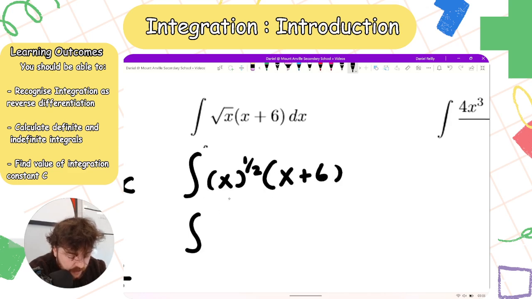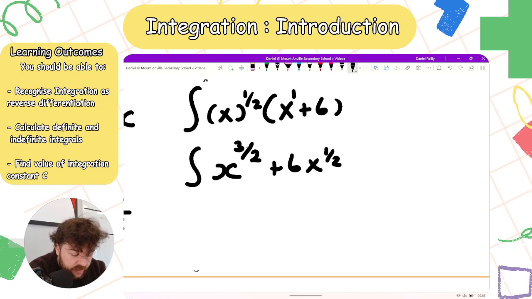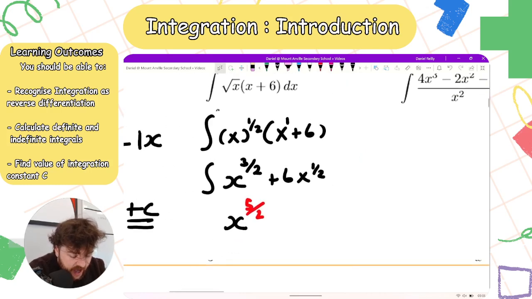So I'm now getting the integral of x to the power of a half times x. That's going to be a half plus 1, so it'll be x to the power of 3 over 2, plus x to the power of a half times 6, which is just 6x to the power of a half. Now we can integrate. Increase the power by 1, then divide by the new power. So x to the power of 3 over 2 plus 1 is going to be 5 over 2, and I am dividing by 5 over 2.